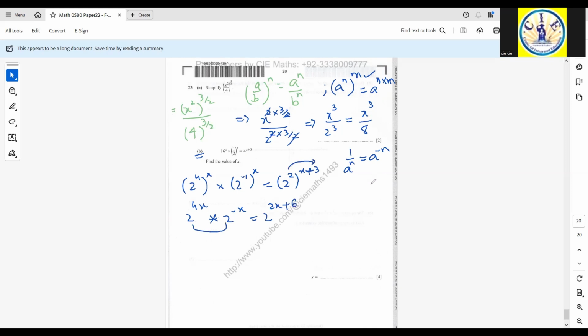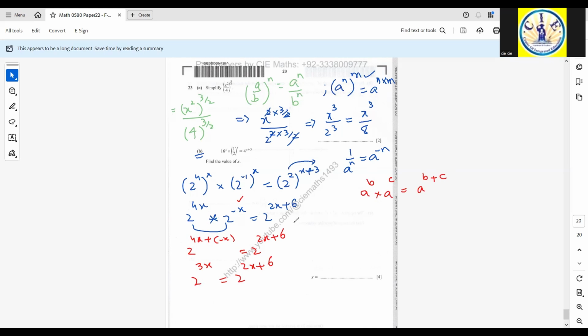On this side, I'm going to apply the rule a raised to the power b times a raised to the power c is a raised to the power b plus c. So 2 raised to the power 4x plus negative x, and on the right side, it is 2 raised to the power 2x plus 6. So 2 raised to the power 4x minus x, that is 3x, is equal to 2 raised to the power 2x plus 6.